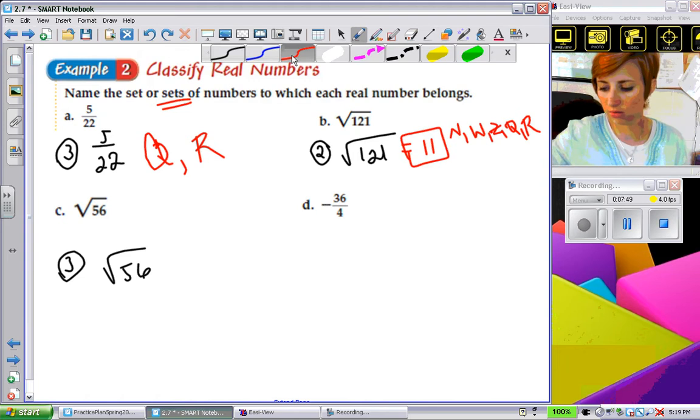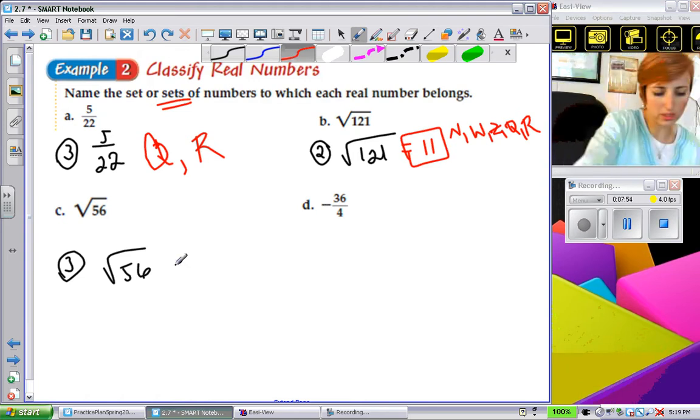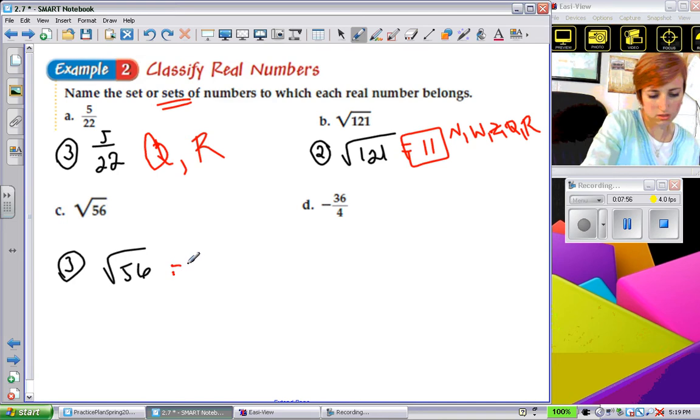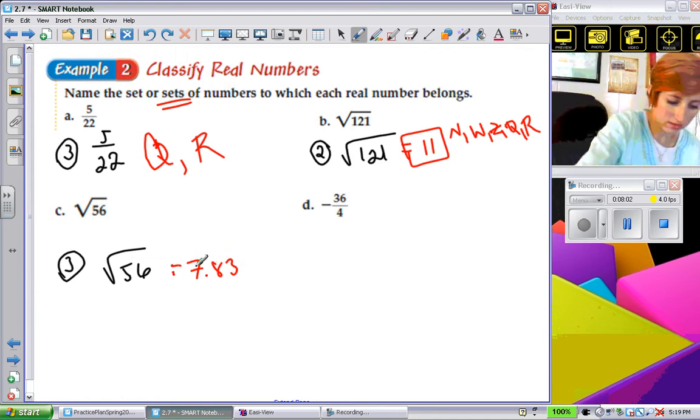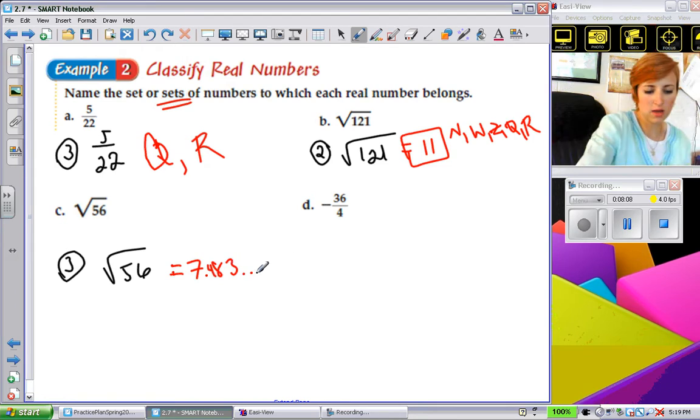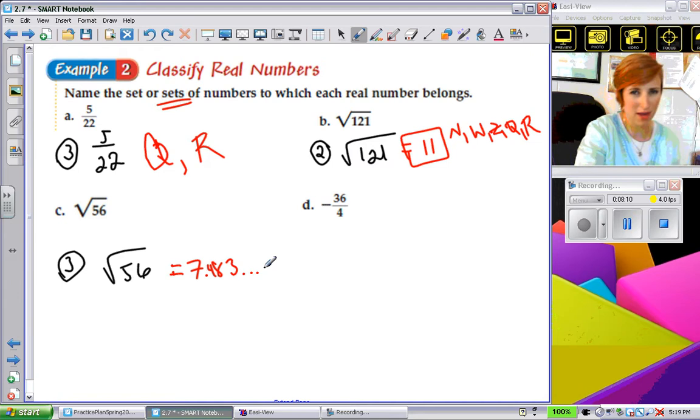Square root of 56 gives us 0.7483, and it keeps on going, and it doesn't have a pattern, it doesn't repeat, and it doesn't end. So that makes it irrational. And all of our numbers, once again, are real.